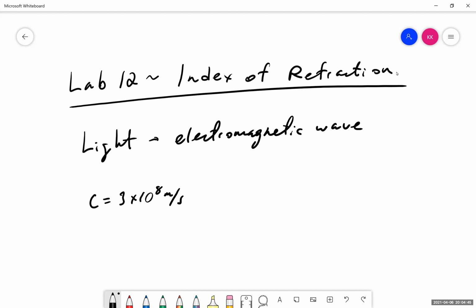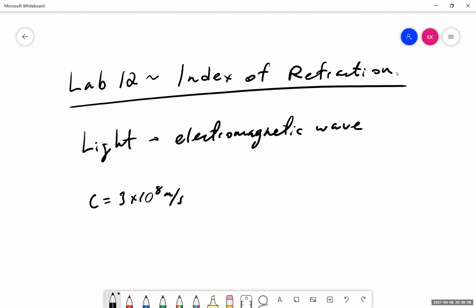So this is the speed of light in vacuum. And because it's a wave, even though it's an electromagnetic wave, most of the wave properties that you learned about mechanical waves can be applied here as well.